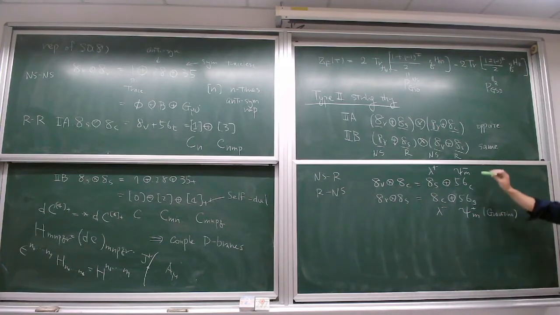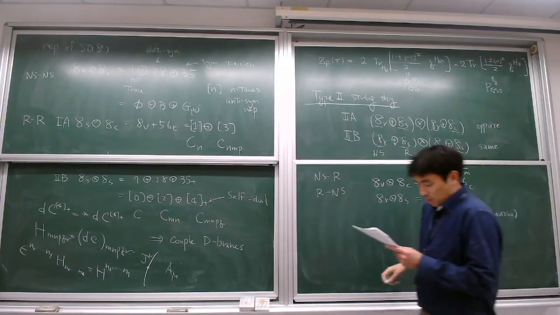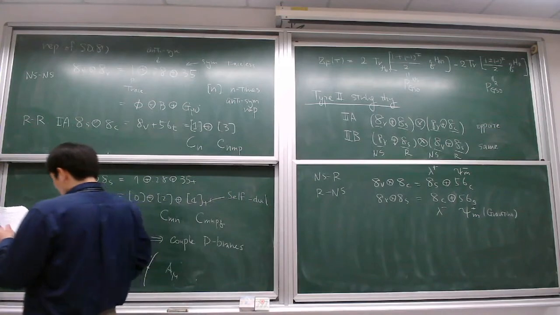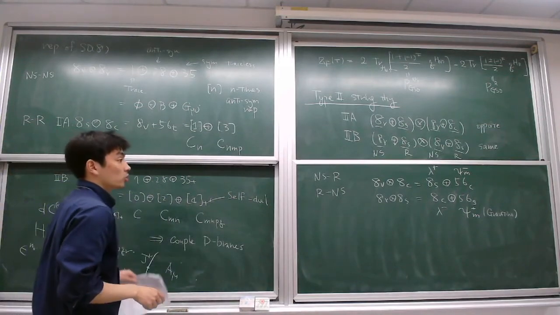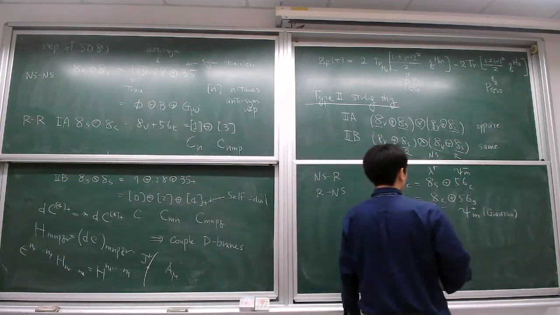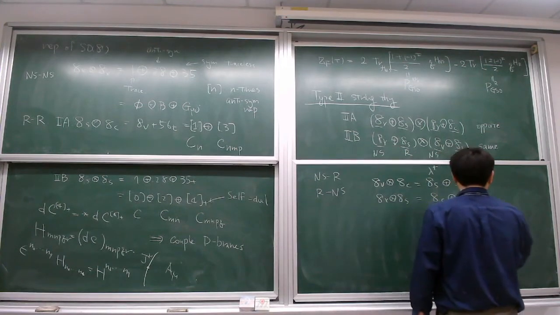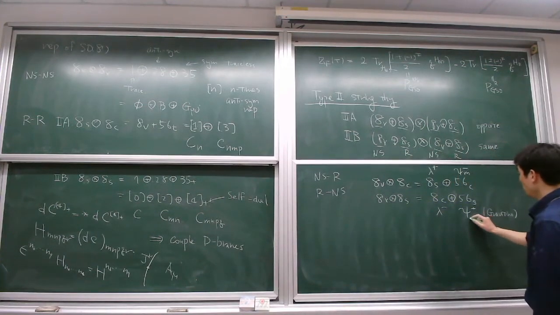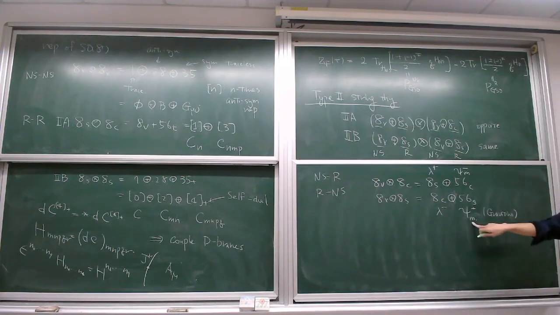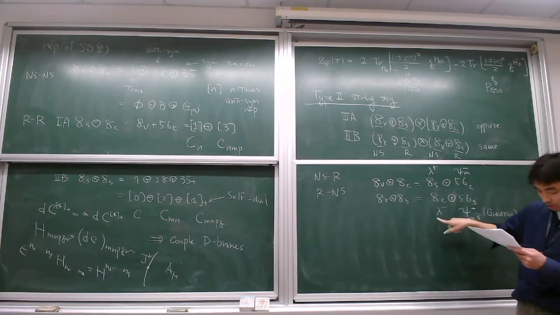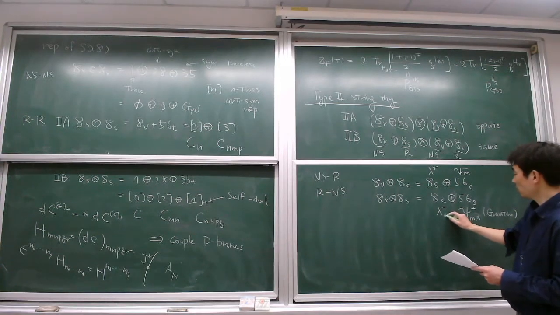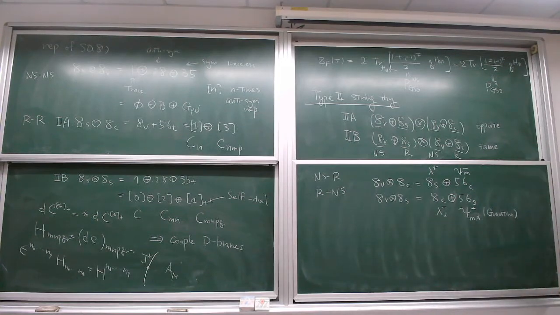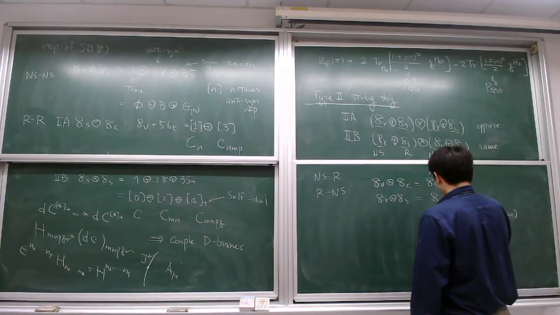This is positive chirality, negative chirality. As you can easily see, this has a chirality from vectors and spinor chirality, whereas here you only have a spinor index. Okay, so this is the Dilatino.